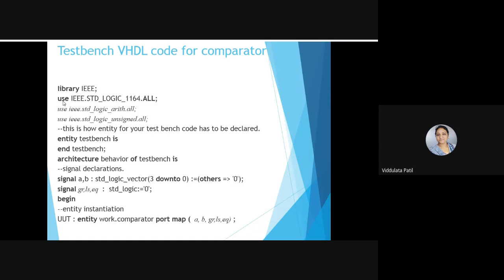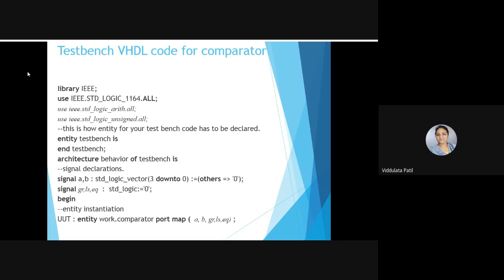When you are associating that VHDL code with this test bench, then we write the entity for this VHDL test bench code. But in that entity you don't need to declare any port, because we are instantiating all things from the VHDL code of the comparator. So in a test bench entity there is no need to declare ports.